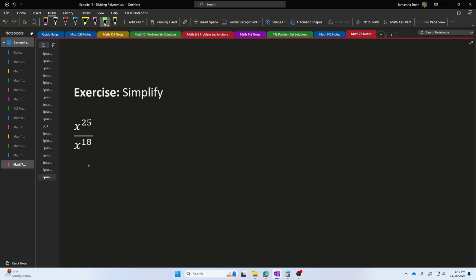So instead, for exponents that are this large, I'm going to go ahead and use the exponent property, which says if you want to divide x to the 25 by x to the 18, all you have to do is subtract the two exponents, 25 minus 18. 18 of the x's will cancel out, leaving behind 25 minus 18, leaving behind, if I have that right, 7. 7 copies of x will be left behind after 18 of the x's are canceled.